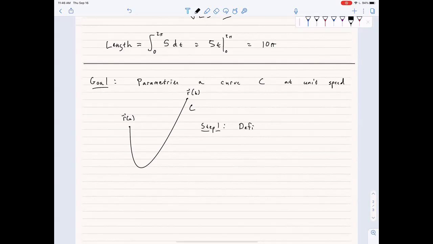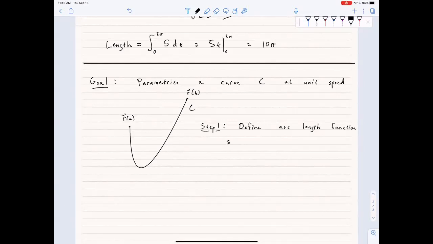Define the arc length function. We know what it's going to be. It's going to be some function s of t.